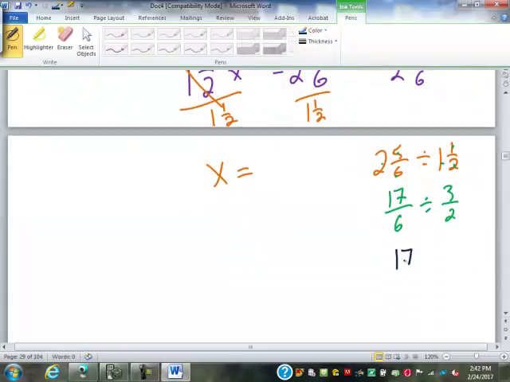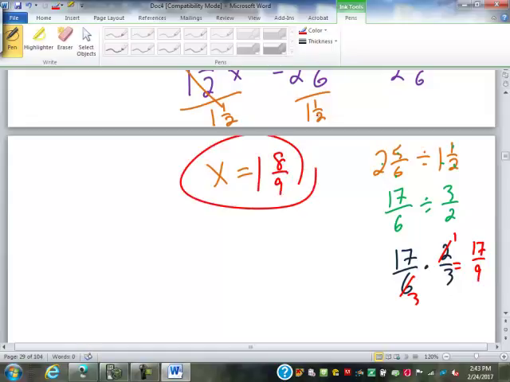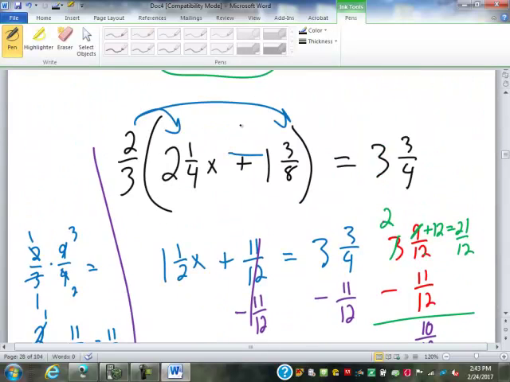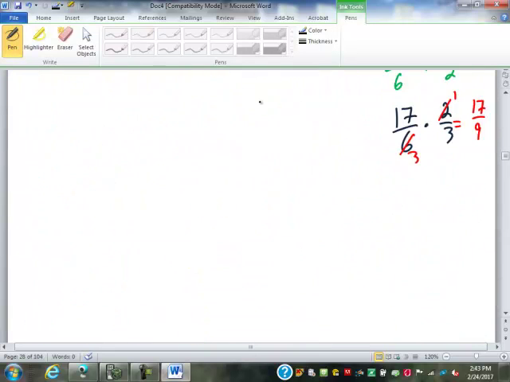This stays 17/6, times 2 over 3. Reduce the 2 and the 6, give me 1 and 3. So that's 17 over 9, which is 1 and 8/9. Not so bad? Not horrible, right? Okay, so one example left.